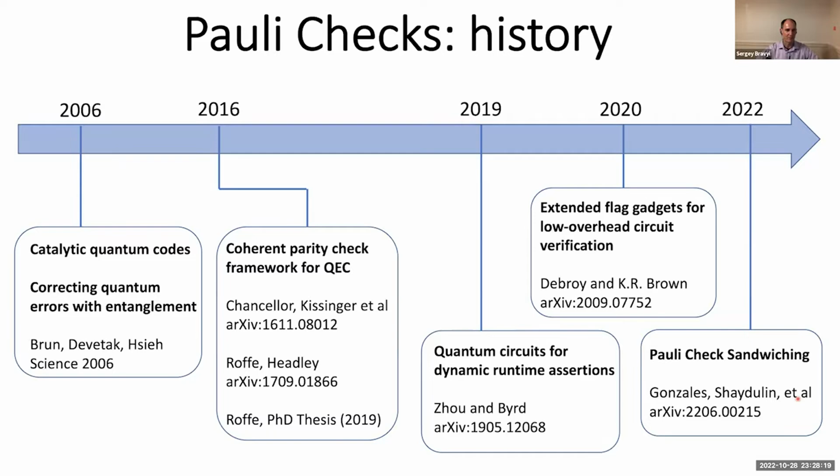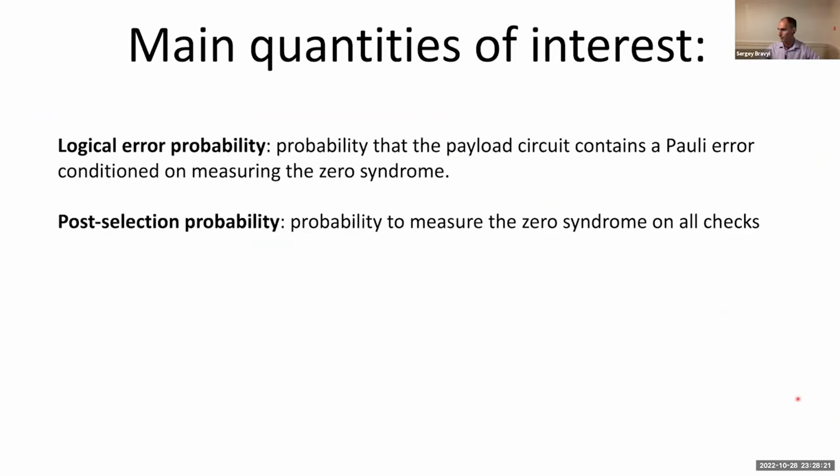Okay, so let me briefly sketch the theory behind Pauli checks. Here I show the main quantities that we would like to compute. Error mitigation results in a logical error if we observe zero syndrome on every check, but the payload circuit contains some non-identity error.